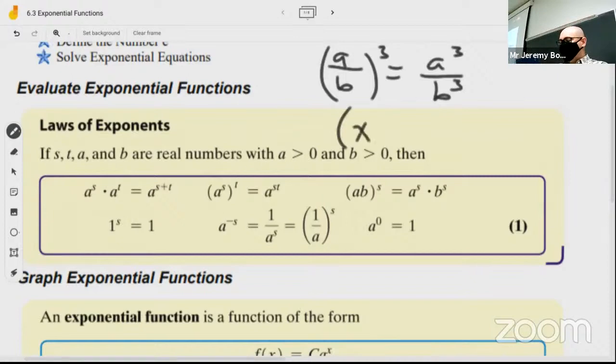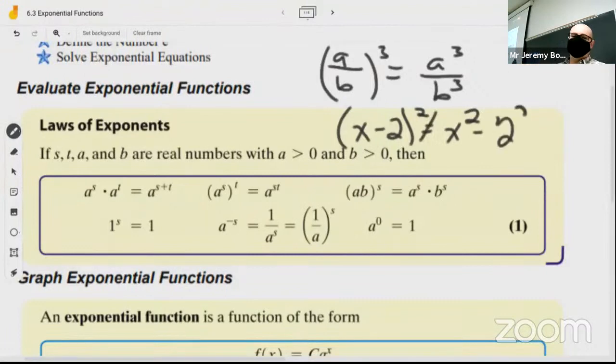If you have x minus 2 squared, that does not equal x squared minus 2 squared. Hopefully you know what it does equal. It's x squared minus 4x plus 4, if you use FOIL to expand it out, which is not the same as this. So it doesn't work for subtraction.